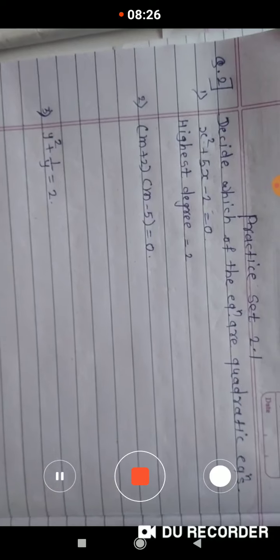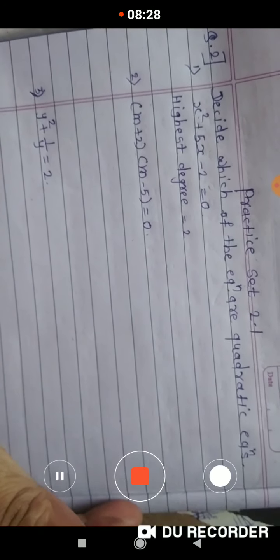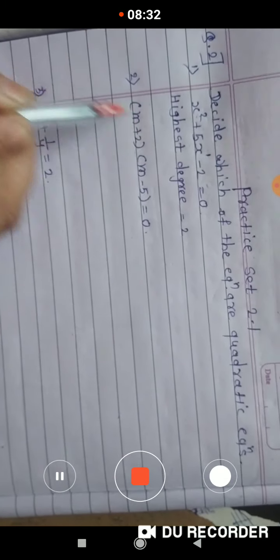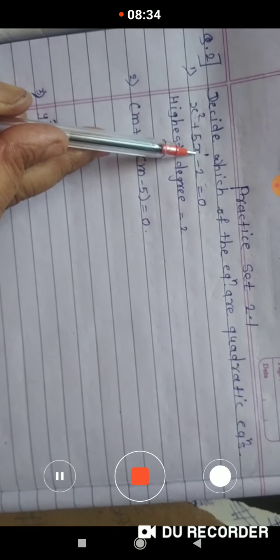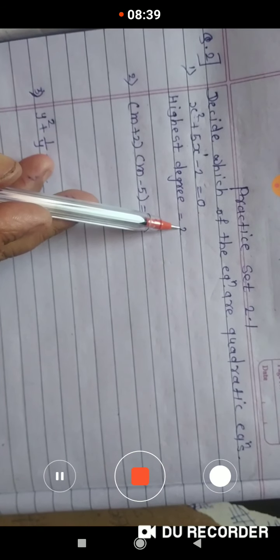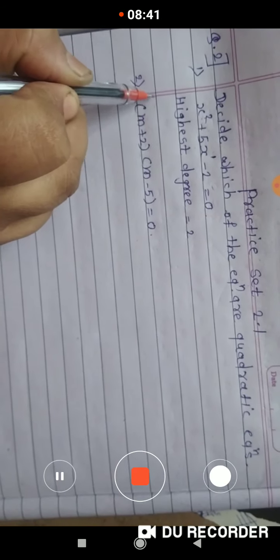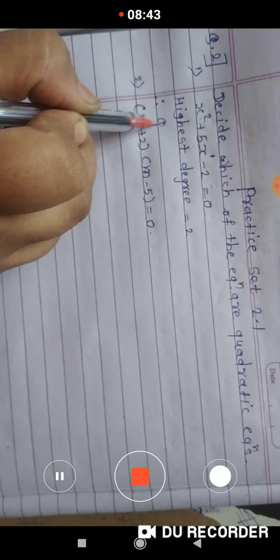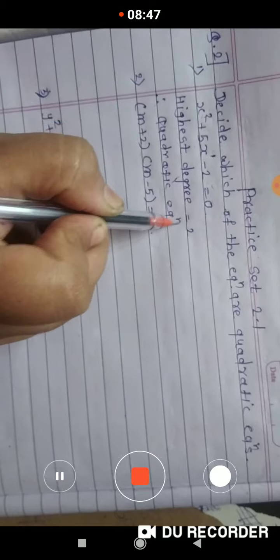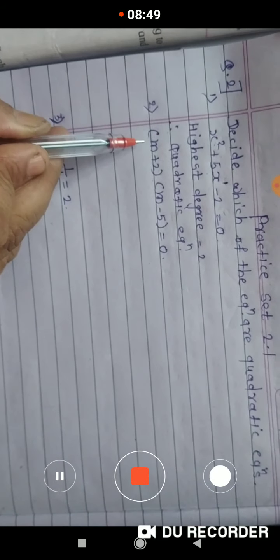Here the degree of x is equal to 2. Here the degree of x is equal to 1. Now which is the highest degree of this variable? See, the highest degree is 2. Therefore this equation is a quadratic equation. Understand?